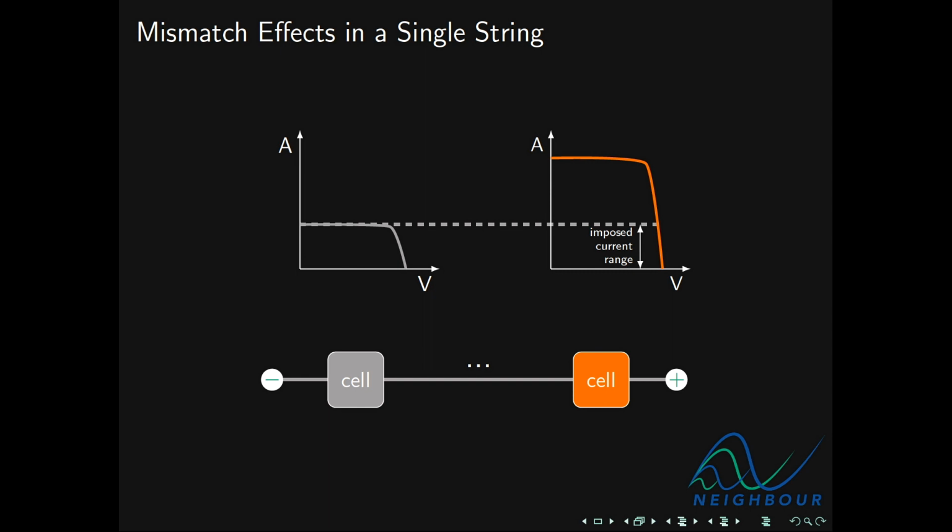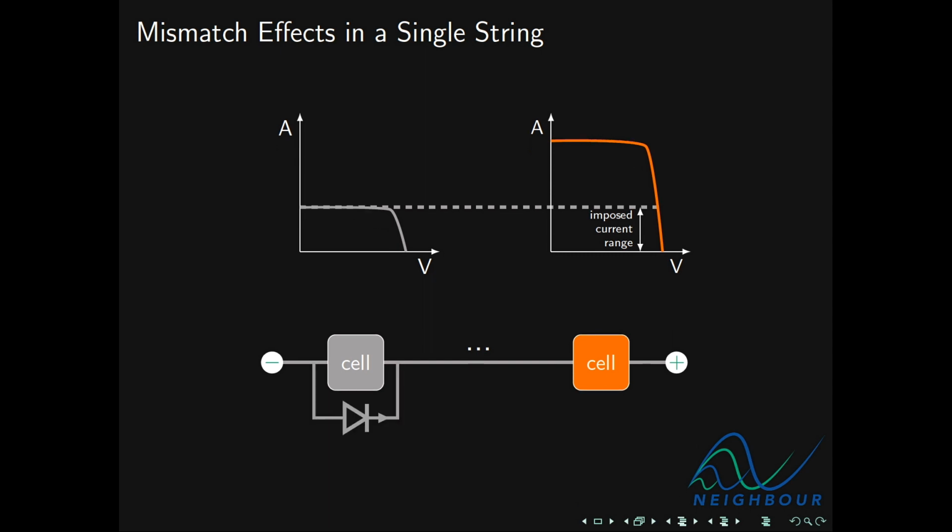This is actually why modules and substrings in a module are fitted with what are called bypass diodes. These are Schottky diodes that short any current that the module or the substring can't derive for itself. It's not the best solution given that diodes do incur quite a bit of power loss, but it's better than diminishing your entire string's capacity.